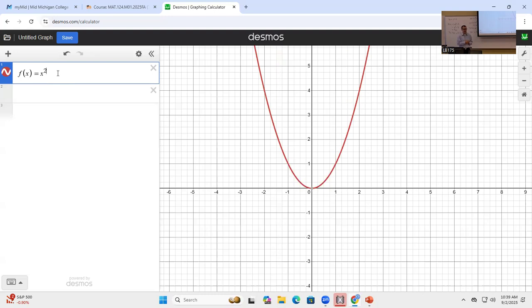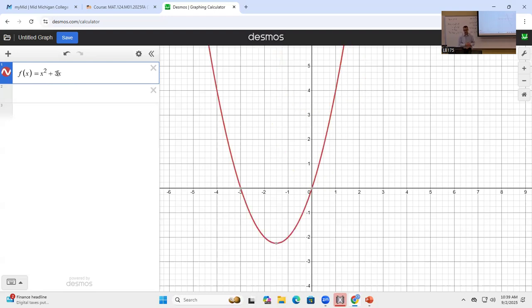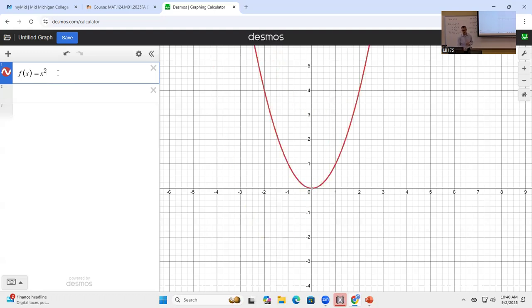We saw that if you do x minus something, it's neither. Also, if you did x squared plus 3x, that's going to be neither, right? But the base function powers, if they are x to an odd power, then it's an odd function. If it's an x raised to an even power, then it's an even function.